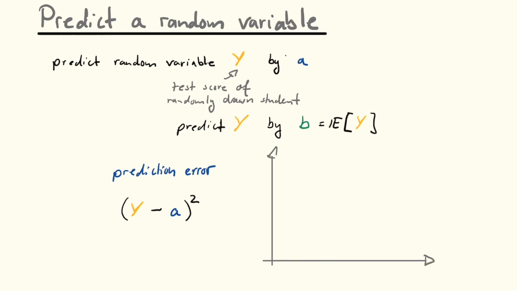Recall that the square function is convex. Now suppose that we measure this distance to be this number. By squaring, we translate this distance to this prediction error. Now if we double the distance, we don't double prediction error. Why is that? Doubling prediction error would mean that we would move from here to here.